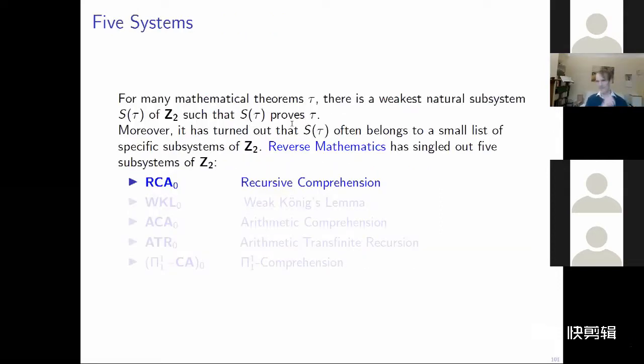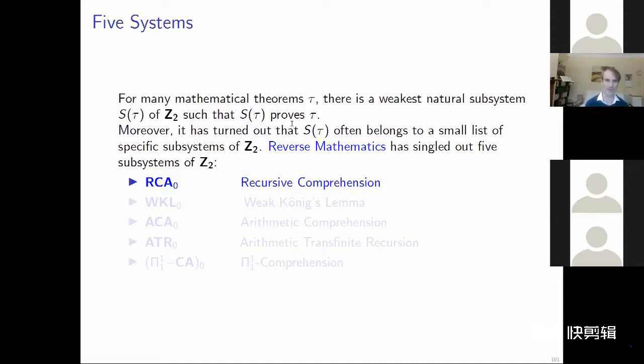Okay, and then this classification in reverse mathematics uses some standard systems, and I would like to indicate them briefly. The weakest system is called recursive comprehension. So here you have a fragment of Z2, second order arithmetic, where you're only allowed to use comprehension for classes that are given by a recursive formula.